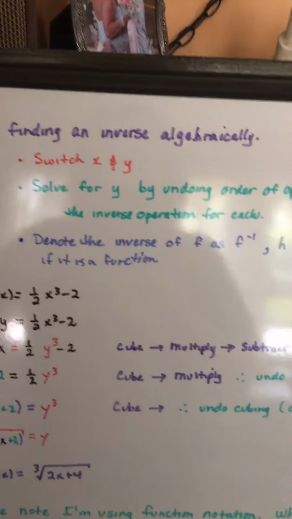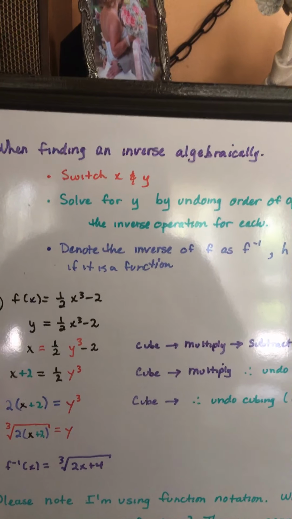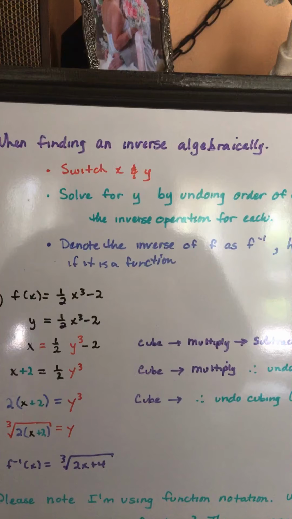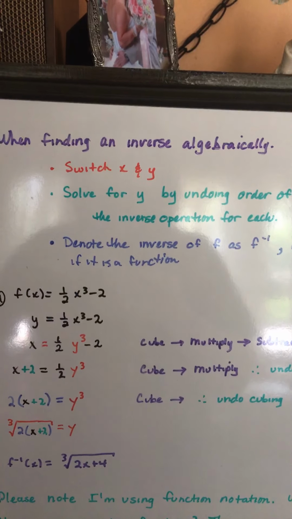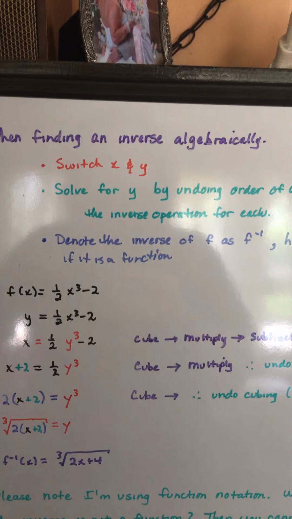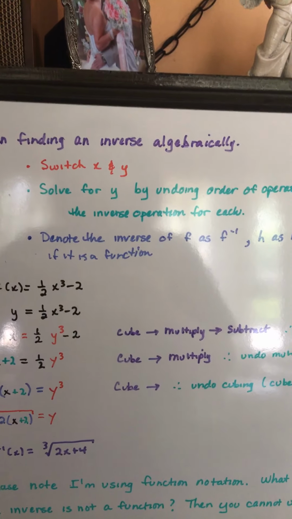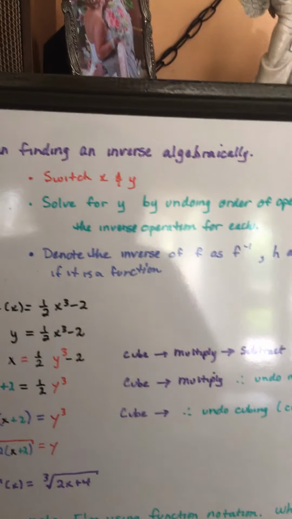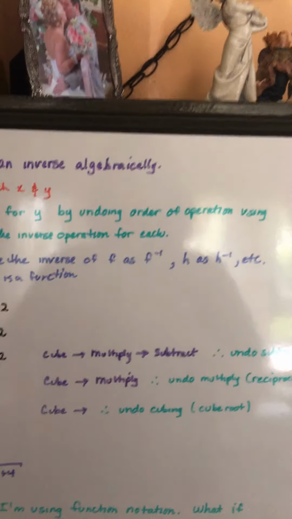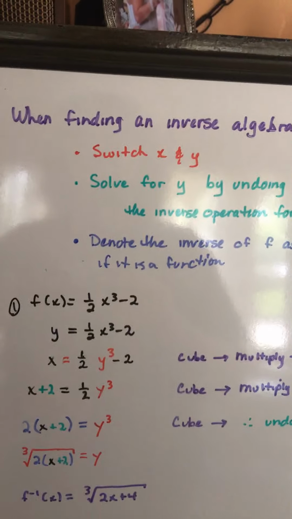Now, how do we find an inverse algebraically? We interchange the x and the y since we are looking for an inverse. We solve for y by undoing order of operation using the inverses of each. We denote the inverse of a function, if it is a function, as f inverse, h as h inverse, etc., but only if it's a function.